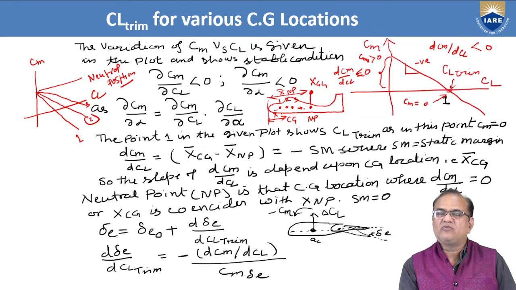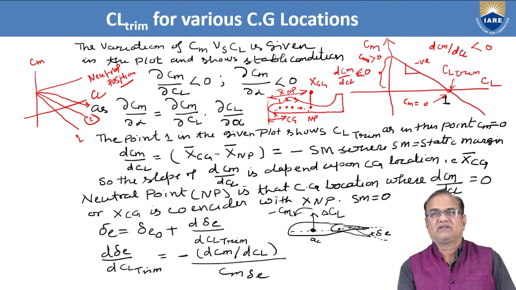So if you want to make this aircraft neutral stable, the center of gravity of this aircraft has to move towards the aerodynamic center or neutral point, and as and when it reaches this point, this aircraft will become neutral.